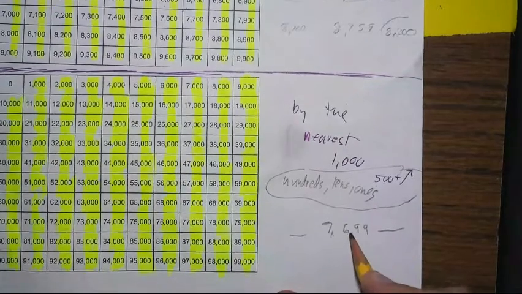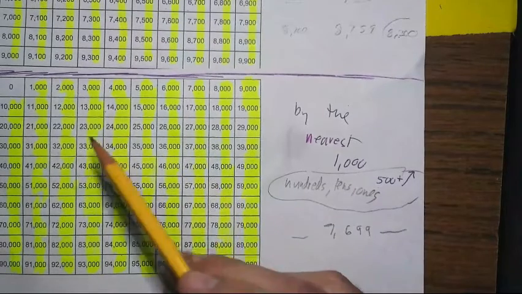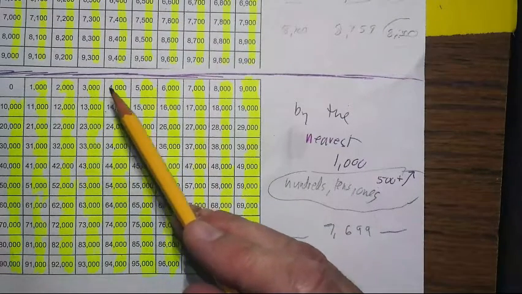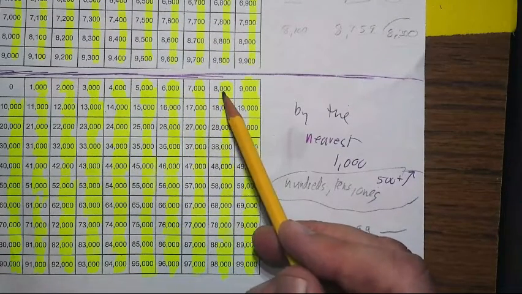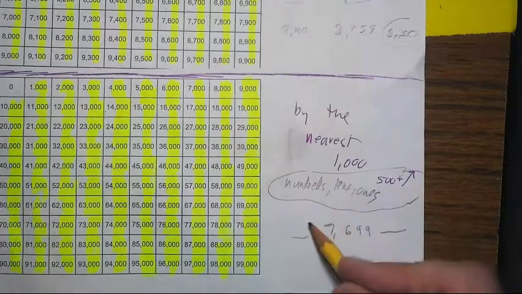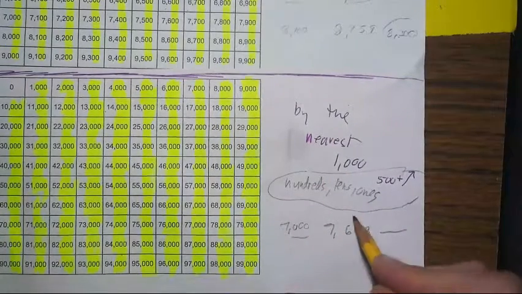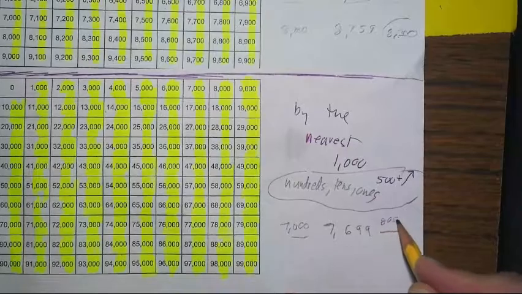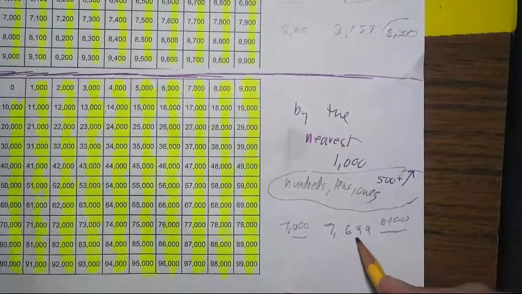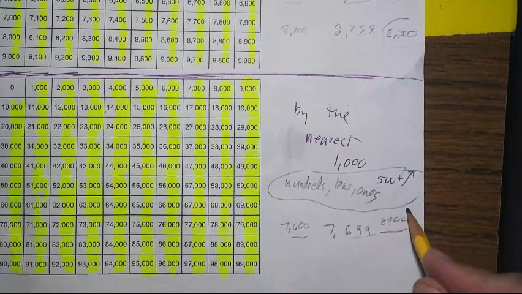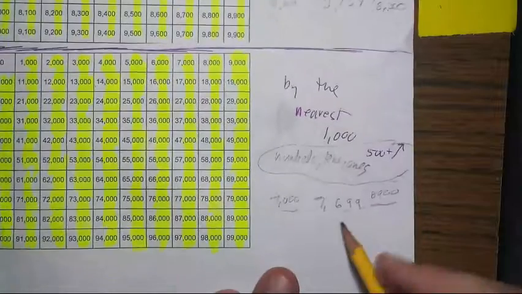I look at my chart here, 7,699: 1,000, 2,000, 3,000, 7,000, 8,000. So it must be between 7,000 and 8,000. 699, that's more than 500, so you round up to 8,000.